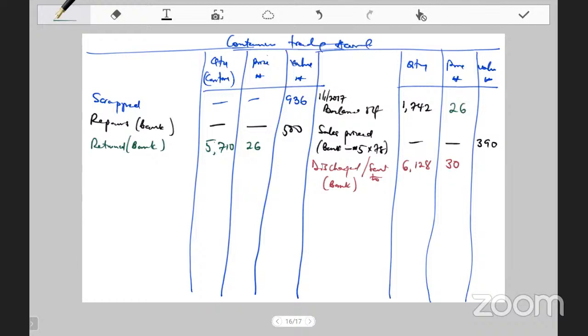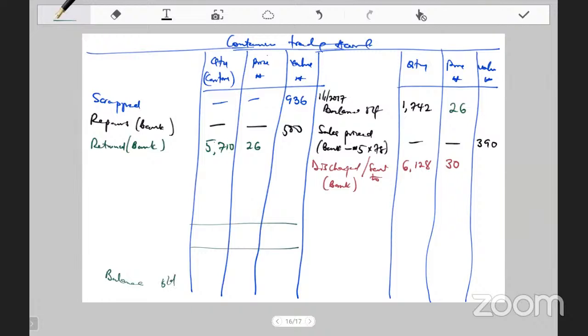On 31st of December, the customers declared closing inventory of 2,054 cartons in their stores. So in the store of the customer, we are now told that what they have left in terms of containers is how much?